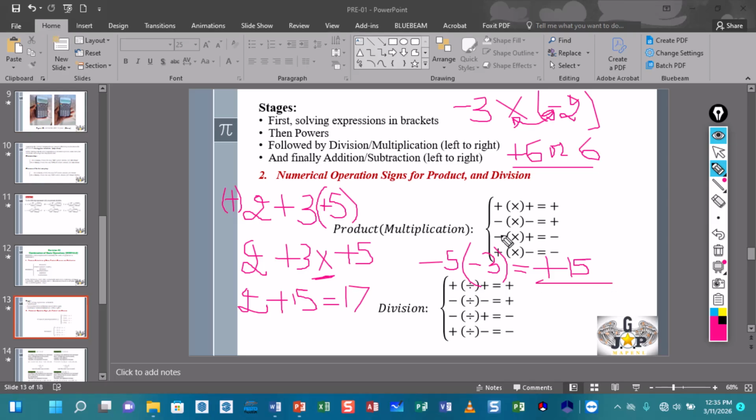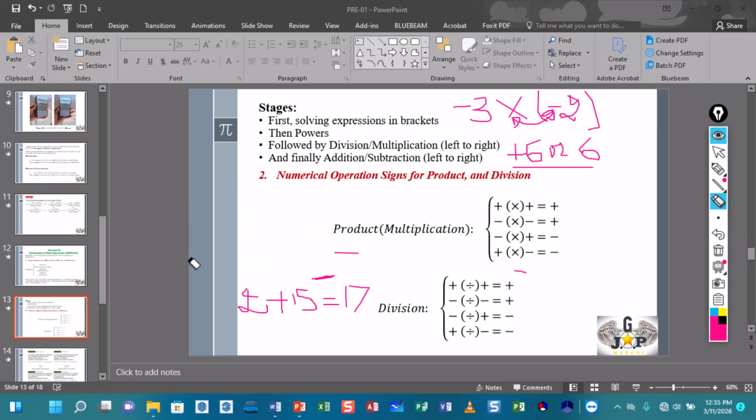So we are abiding by and respecting this law here. So let's take another example. We're still cruising there, right? Let's take the third one. Let's go with minus 2 bracket 7, equal. Minus times plus gives us minus.